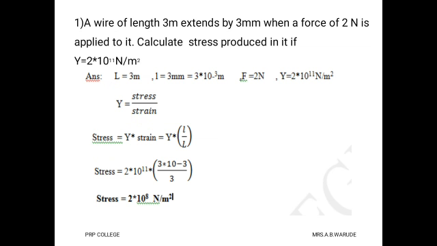Then we write the formula for strain as small l upon capital L. Then put the values of Y and small l upon capital L. Therefore, stress equals 2 into 10 raised to 11, into 3 into 10 raised to minus 3, upon capital L, which is 3.